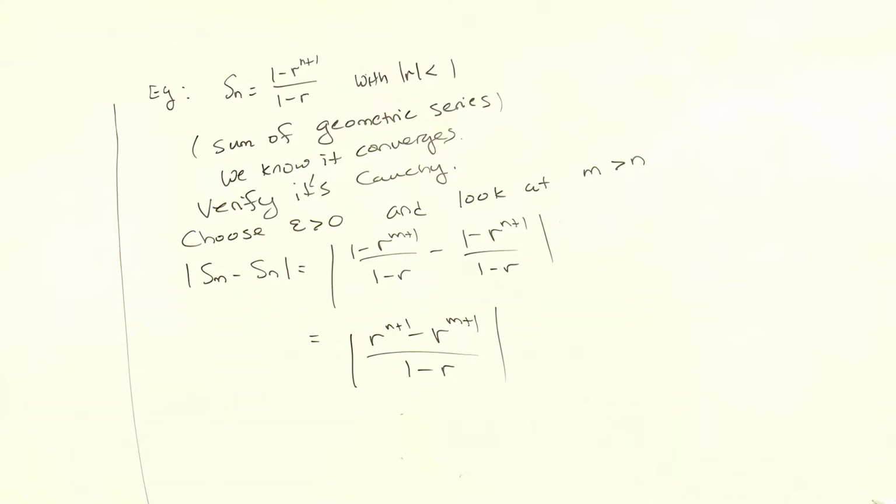Okay, so I'm going to get r^(n+1), and then times whatever's left. Whatever's left is (1 minus r^(m minus n)) divided by (1 minus r).